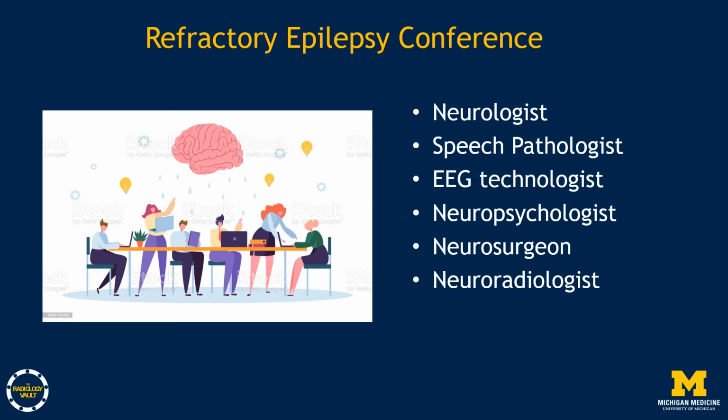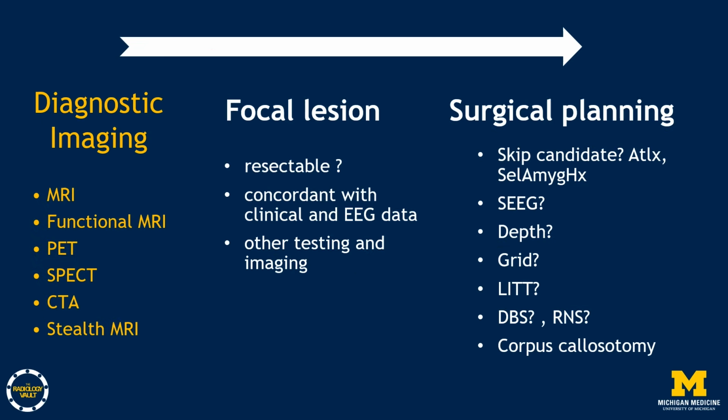Then these patients are presented in a multidisciplinary conference with a number of different specialists to evaluate all the data. These patients are reviewed to consider all the imaging that is needed when they're being considered for further invasive monitoring using their robotic device.